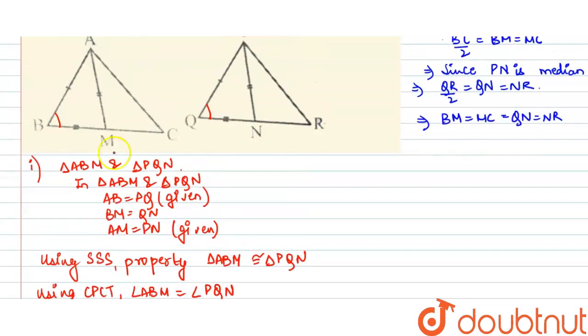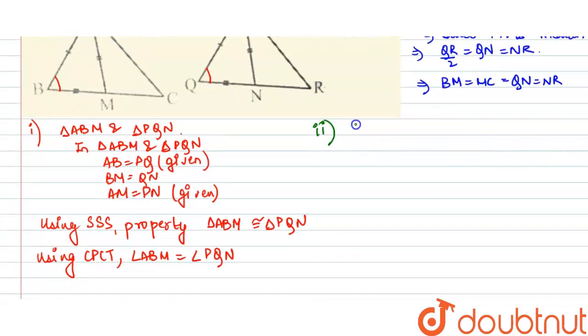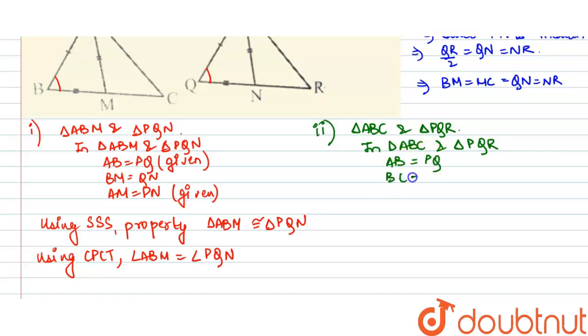Now we have to prove the second part, that triangle ABC and triangle PQR are congruent. So in triangle ABC and triangle PQR, it is given that AB is equal to PQ, BC is equal to QR.